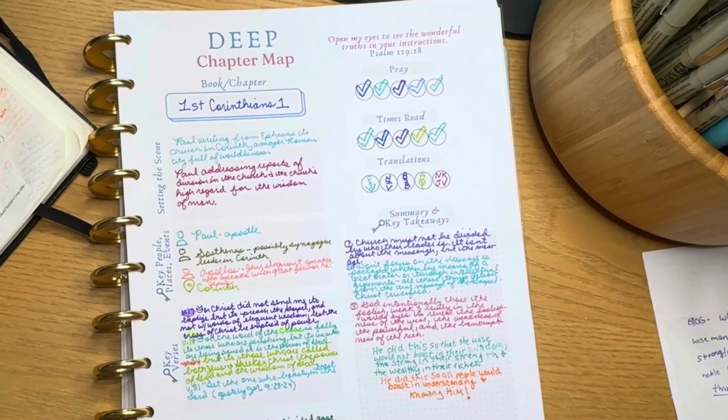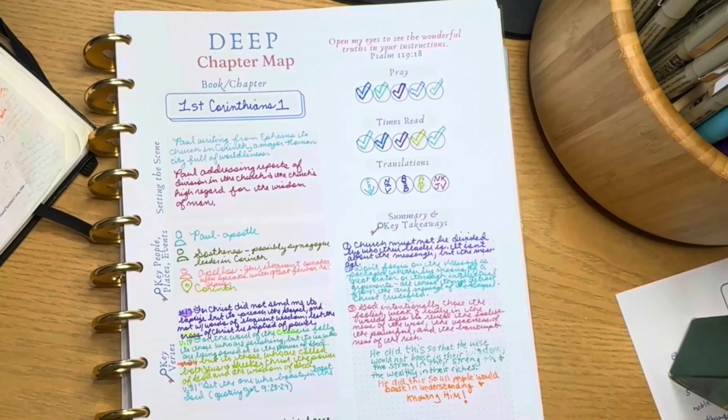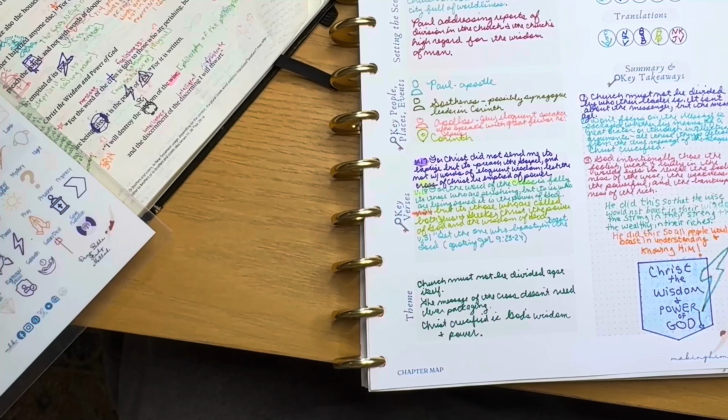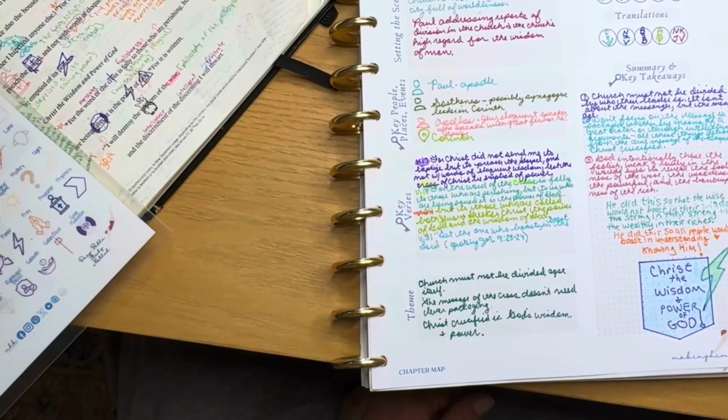He did this so all people would boast in understanding and knowing him. Christ, the wisdom and power of God. If I had to have one sentence to summarize 1 Corinthians chapter 1, it would be Christ, the wisdom and power of God.